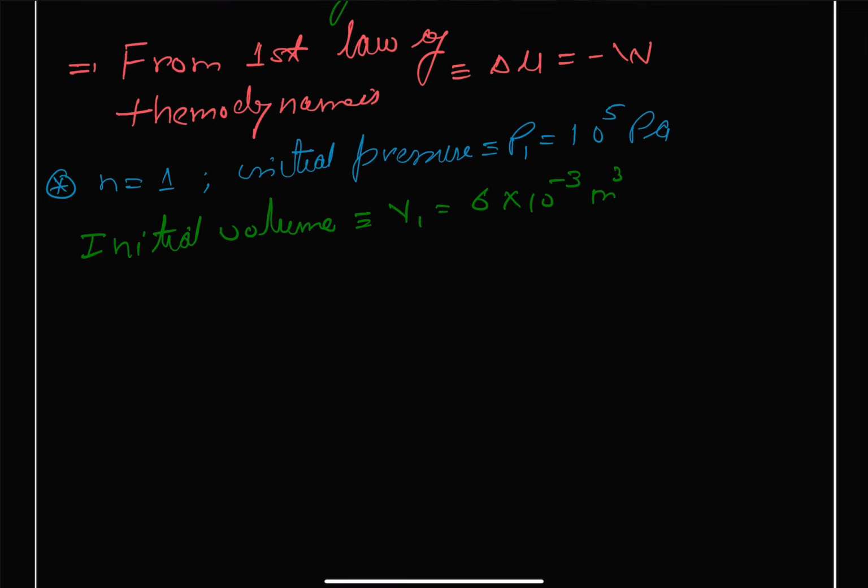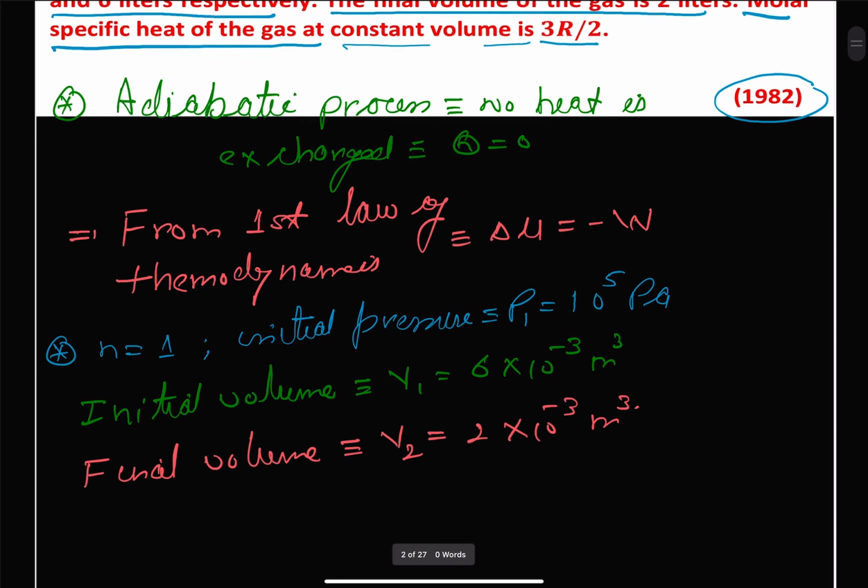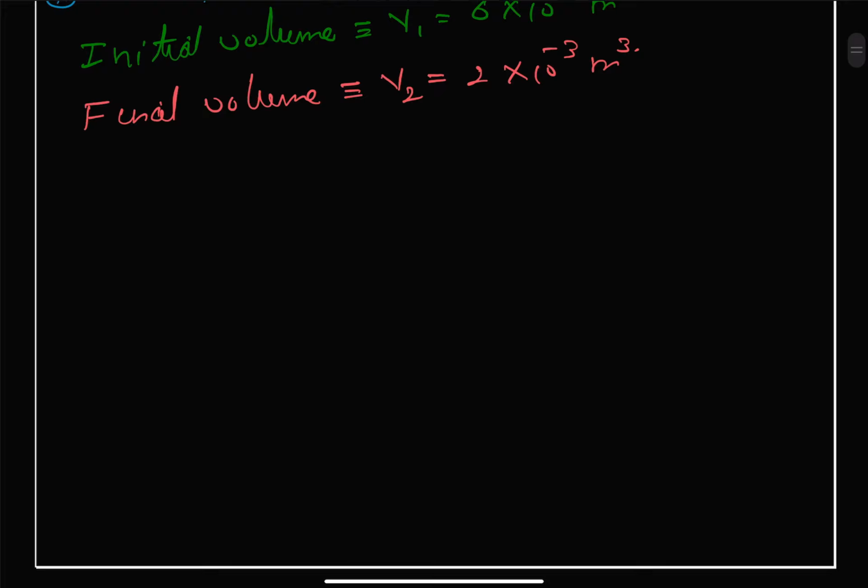We are also given the final volume V2, that is 2 liters, so 2 into 10⁻³ meter cube. And we are given the specific heat at constant volume, Cv, as 3R/2. And we have to find out the work done.